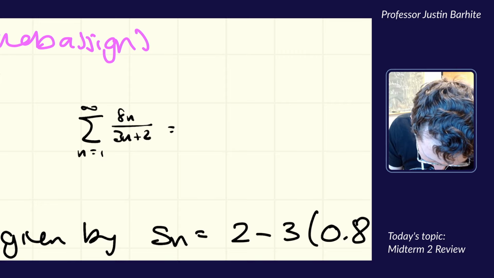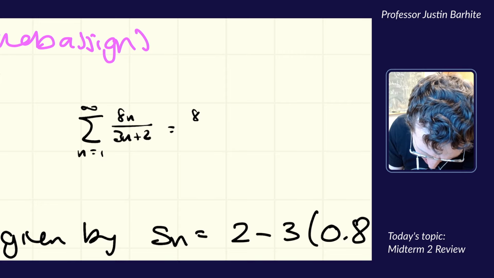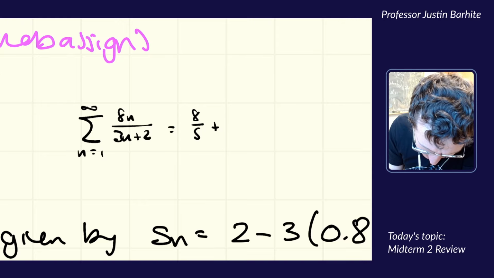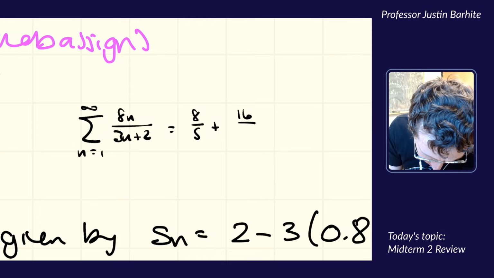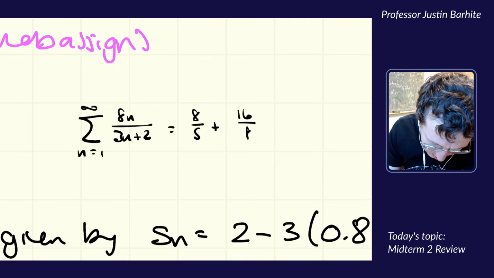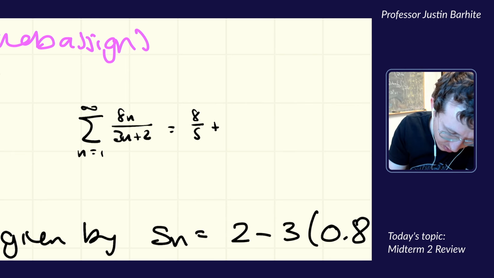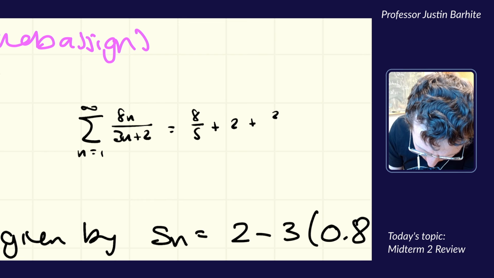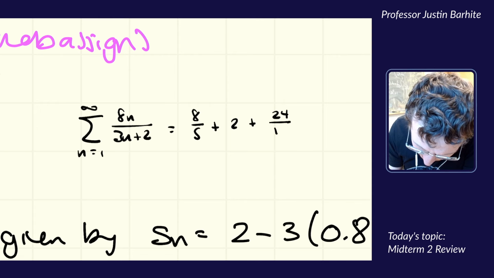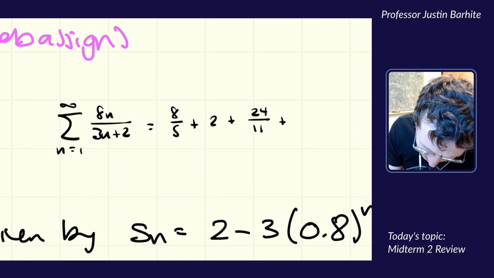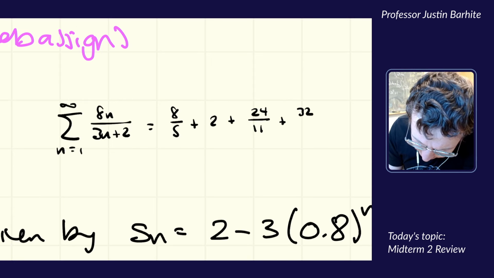I'll get 8 over 5 plus, and then when I plug in n equals 2, I get 16 over 8. Yeah, that's right, and that's just 2. And then when I plug in 3, I get 24 over 11. Plus, and when I plug in 4, I get 32 over 14.